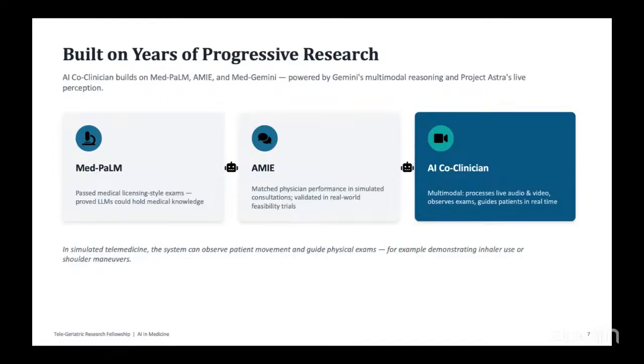It can process live audio and video in real time, not just text, in simulated telemedicine settings. It has demonstrated the ability to actually observe a patient's movement and guide them through a physical examination maneuver, for example, demonstrating correct inhaler technique or walking someone through a shoulder mobility test live over video, the way a physician would if they were in the room.